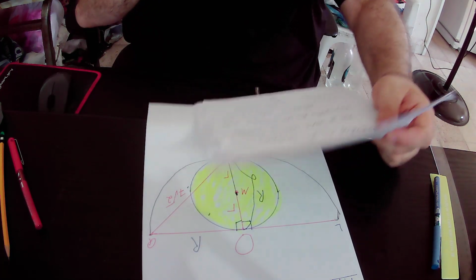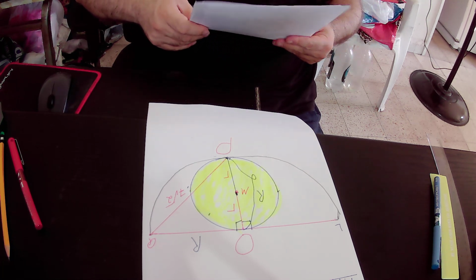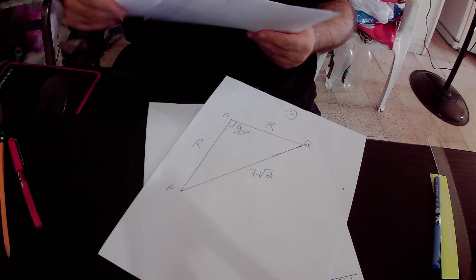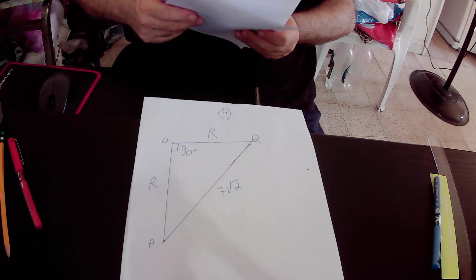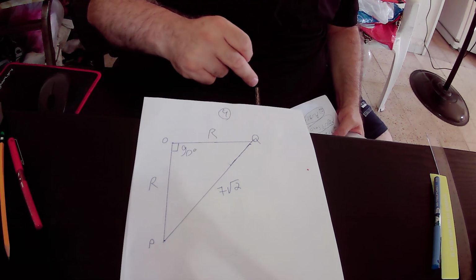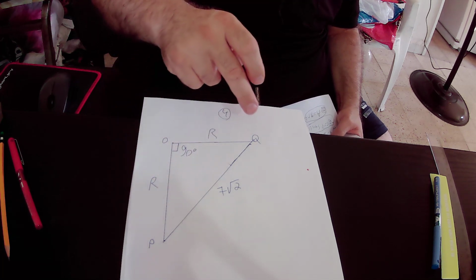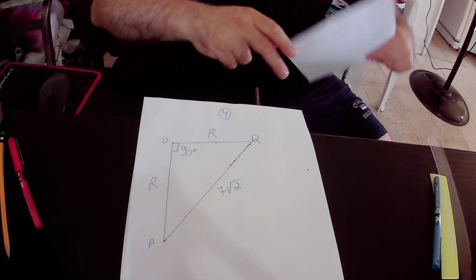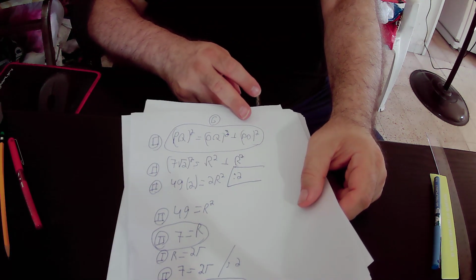Okay, so in our specific right triangle, we can say that the square of the hypotenuse, that is to say PQ square, equals the sum of the squares of the perpendiculars, that is to say PQ square equals OP square plus OQ square, or as you can see here, PQ square equals OQ square plus PO square.